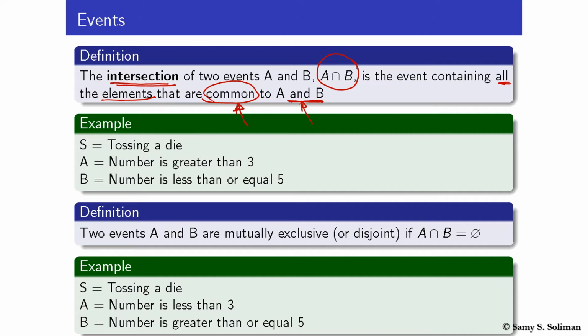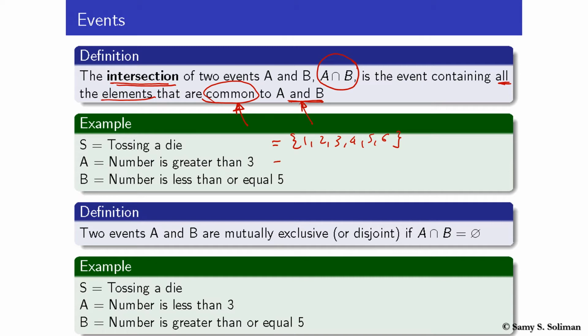Let's understand this through an example. If the experiment we are considering is tossing a die, the sample space will be 1, 2, 3, 4, 5, and 6, the faces of the die. Let's now define event A, which is the event of having a number greater than 3 when rolling the die.